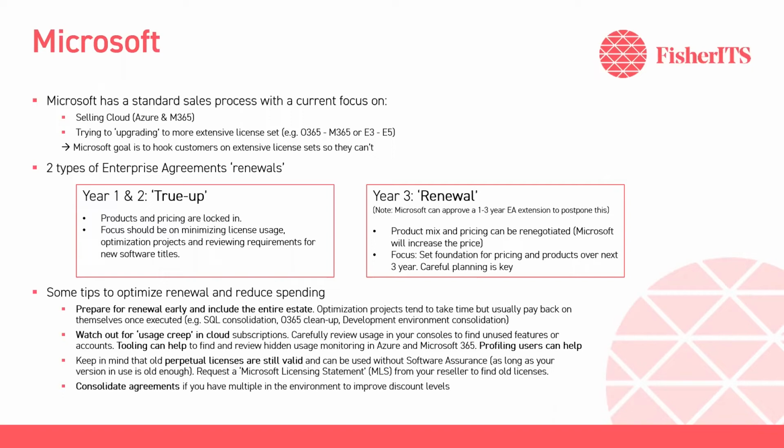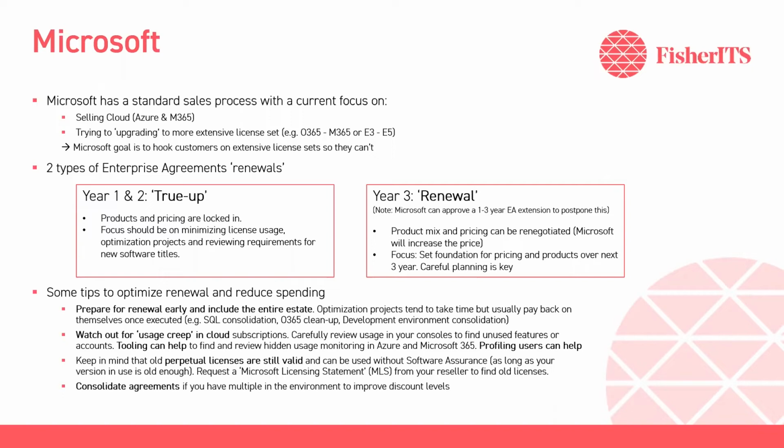Even if you think you've got a process for it, there are usually still some things slipping through the cracks. And then there are other things, for example, making sure that your development environment is properly consolidated and licensed. It can change a lot in the value of that contract.